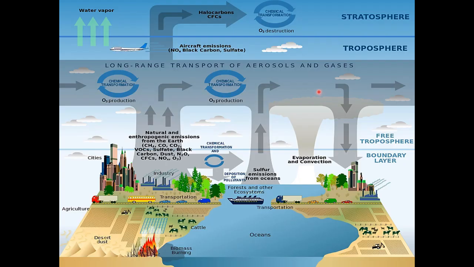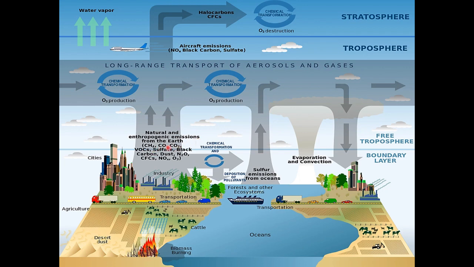All right. So that is how acid rain forms. Now there are different pollutants that are involved in making the air unsafe and unclean. So we have natural and anthropogenic emissions from the air.